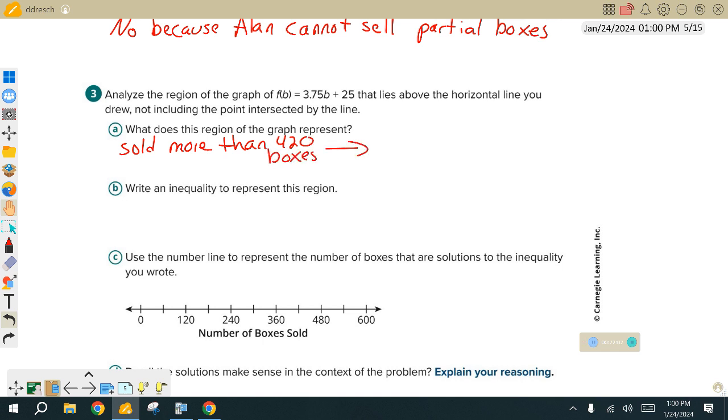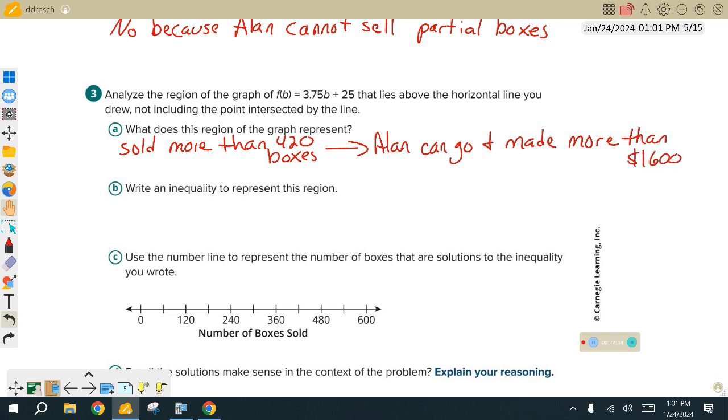And what does that imply? That Alan can go, and how much money did he make? More than 1,600. Okay? So Alan can go and made more than $1,600.